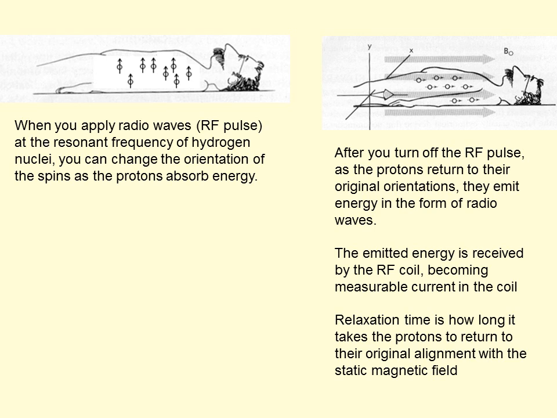Now, the other things that we're going to need to be able to do in order to actually get images from this procedure that we can use is to work out where in the participant, i.e. what voxel, the current is coming from, and also to understand how the variation in the amount of current and the duration of the current is related to the tissue types.